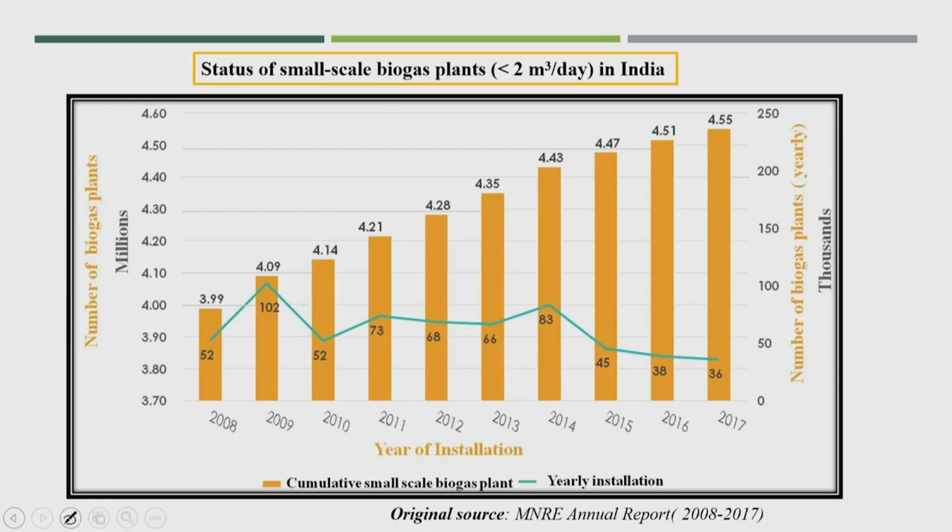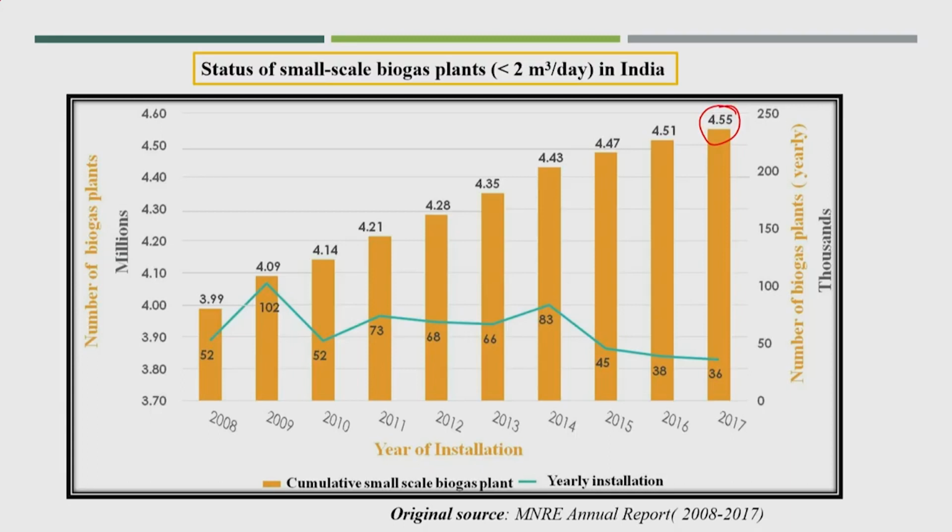And if you see the status of small-scale biogas plants in India, small scale meaning a size less than 2 meter cube per day, along with that the yearly installation. So, you see the numbers in millions, these are the cumulative numbers, 4.55 million biogas plants, and in yearly installation you see that now it has been reduced.